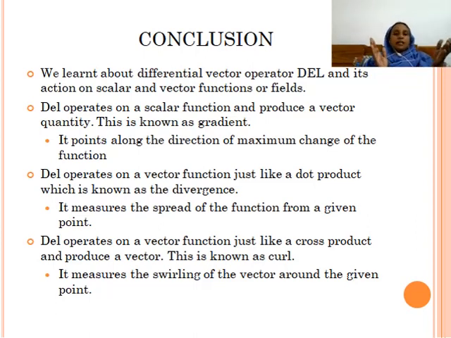And if this differential vector operator acts upon a vector function like a cross product, it is called curl. The output of the curl is a vector. It measures how much a vector swirls around a given point.